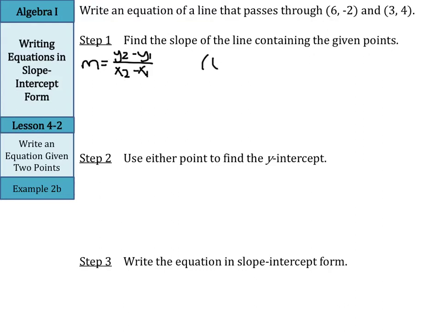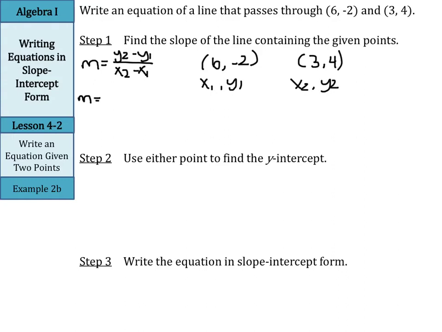And if we have the points (6, -2) and (3, 4), we would label x1, y1, and x2, y2. It takes 5 extra seconds to write that out, but doing so can make all the difference in the world when you go to substitute this in, to avoid making mistakes.